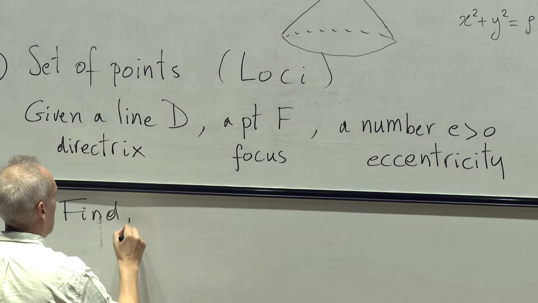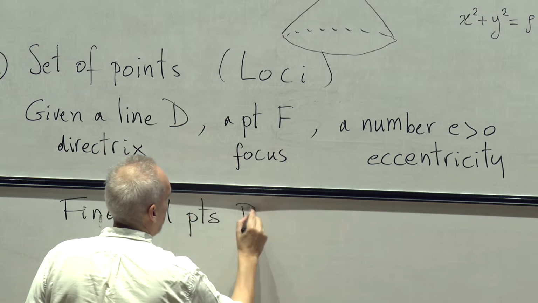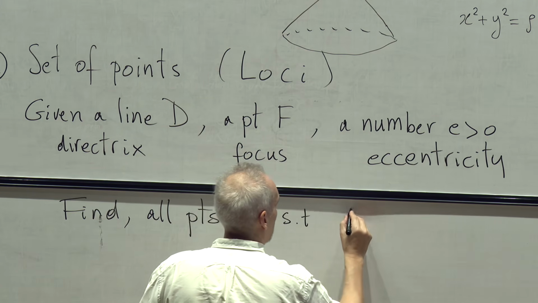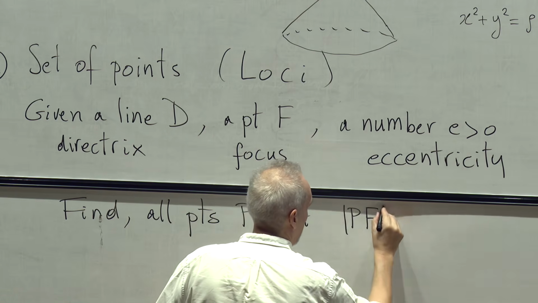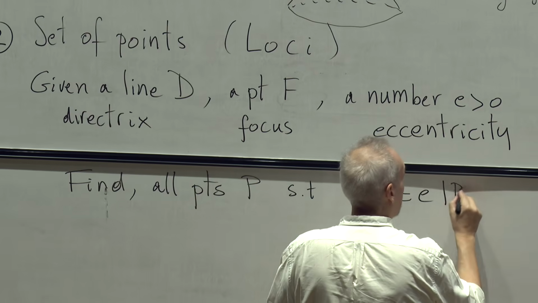Find all points P such that the distance PF is a multiple by E of the distance PD.